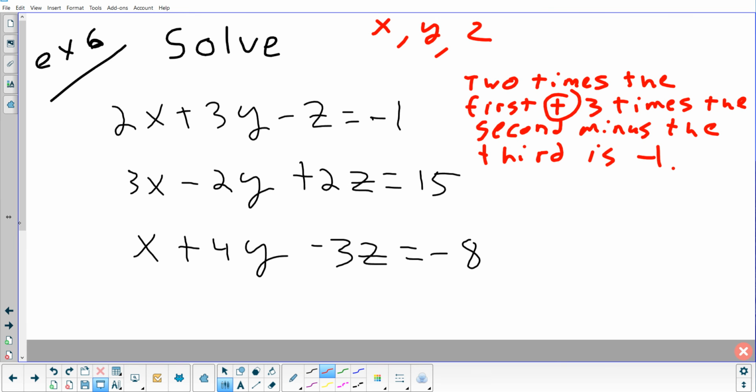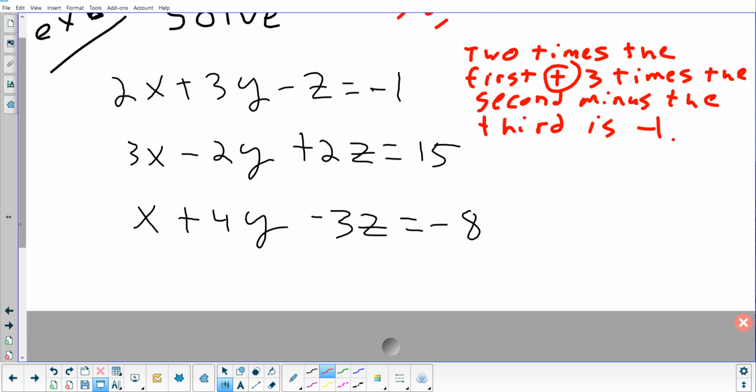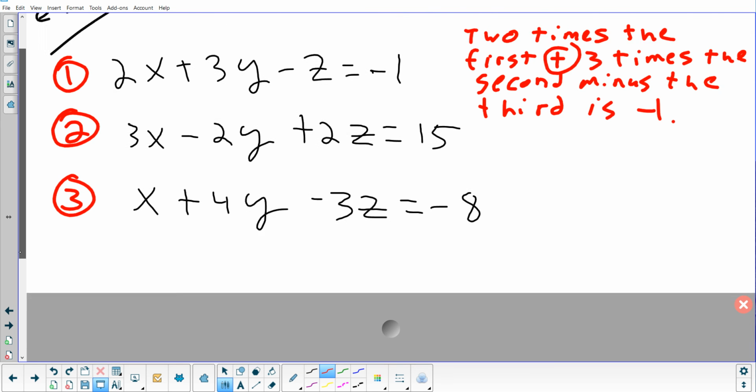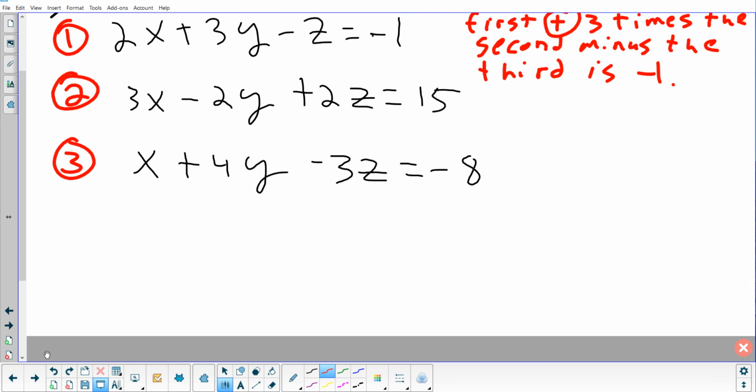Okay. So let's call this equation 1, 2, and 3. Let's use equations 2 and 3, and we'll try to get rid of the x.